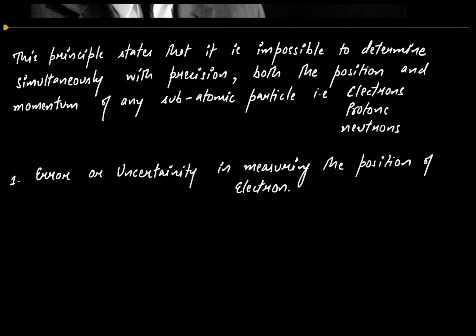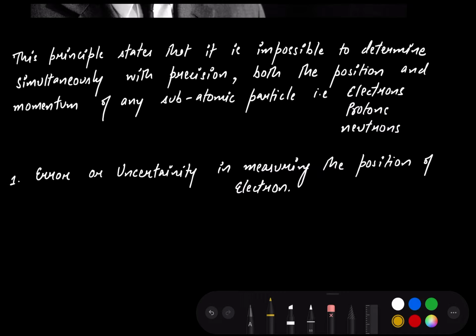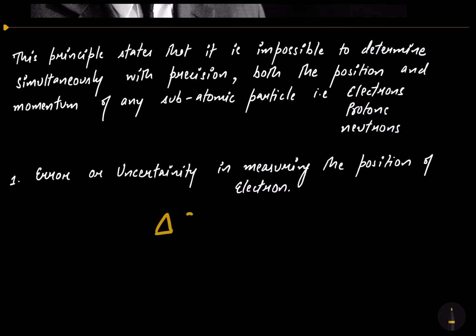The error or uncertainty in measuring the position of electron is represented by a symbol called delta x.